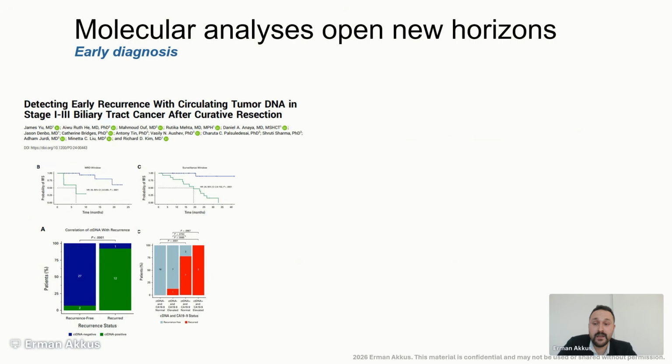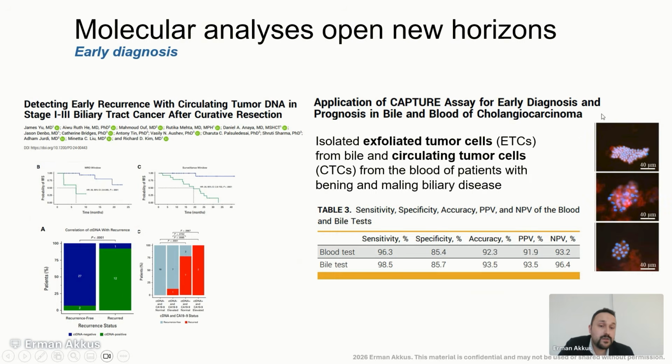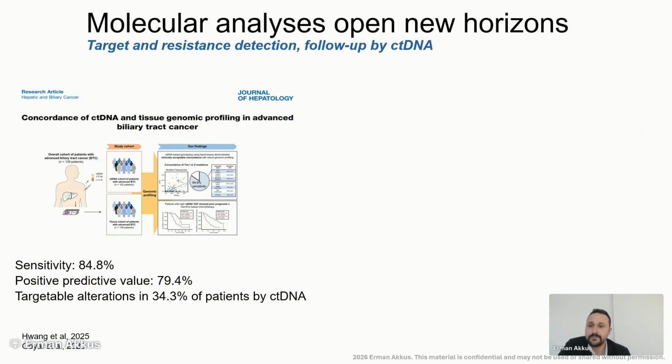But molecular analysis opens new horizons in biliary tract cancers. For example, in resected biliary tract cancers, it's possible to detect recurrence by circulating tumor DNA. It's also possible to diagnose biliary tract cancers from exfoliated tumor cells and circulating tumor cells, from blood and from biliary samples. It's important to emphasize that the concordance between ctDNA and tissue genomic profiling is high, around 84%.